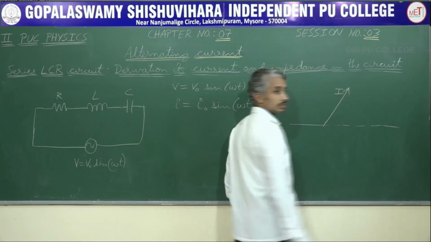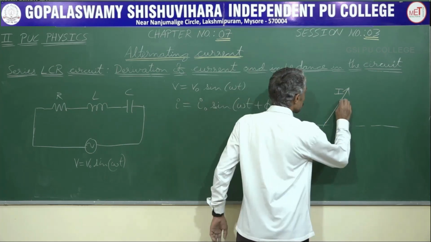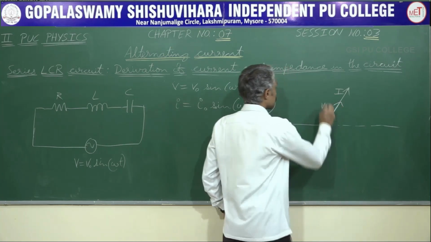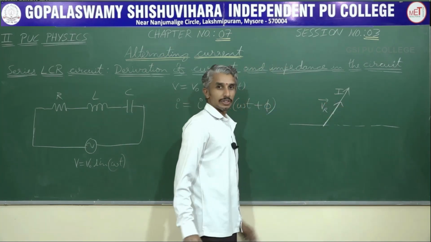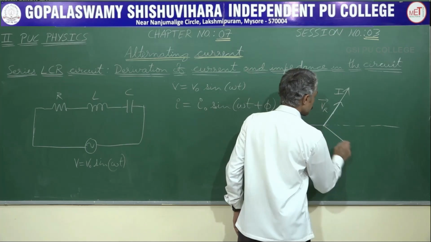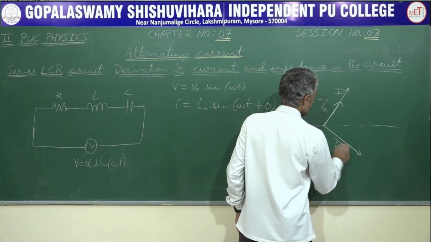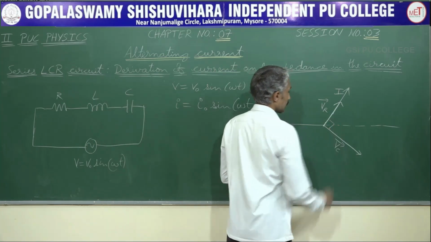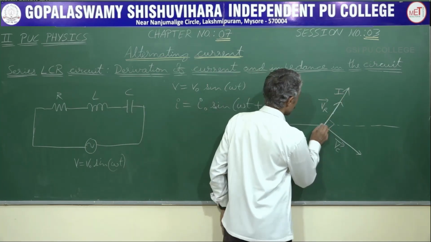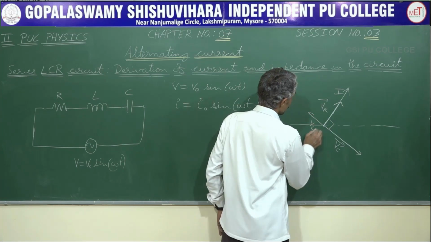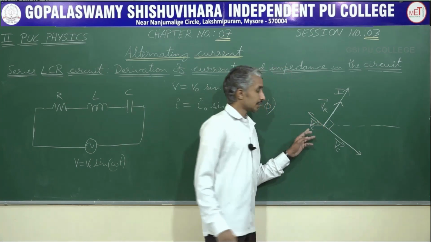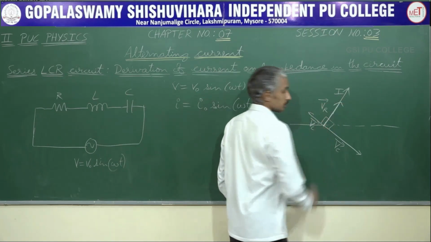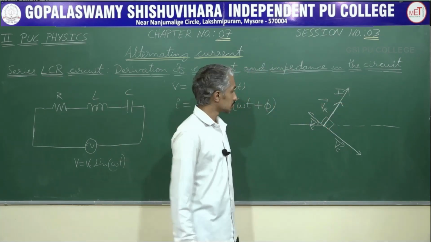If this is the current in the circuit, then the voltage across the resistor will be in phase with the current. The voltage across the capacitor lags behind the current, and the voltage across the inductor leads the current by pi by 2 radians.